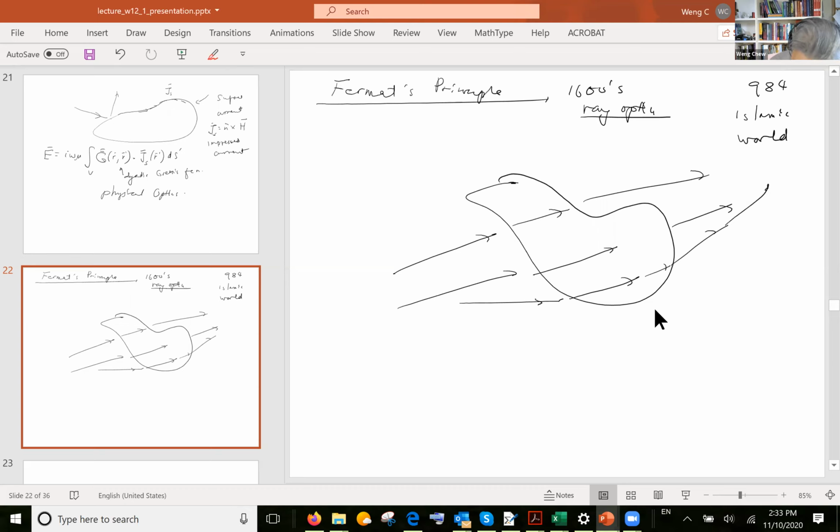If you have a ray that starts from a source point A, reaching the observation point B, the ray that will be followed by the electromagnetic wave will take the path of minimum phase delay.